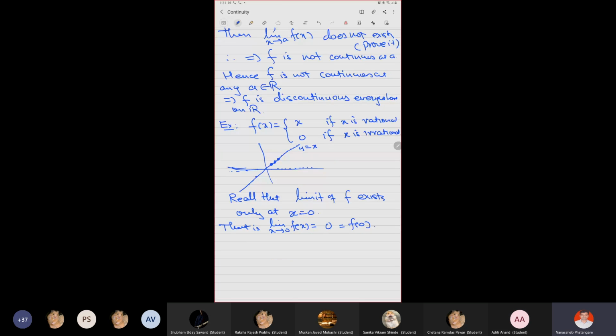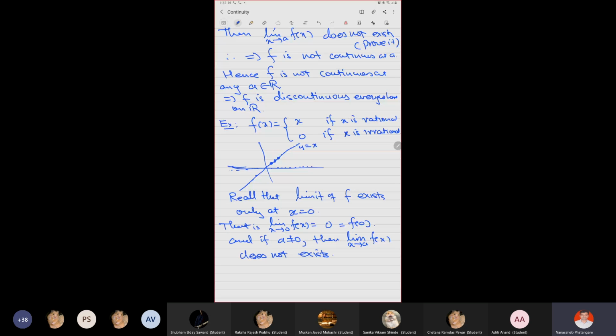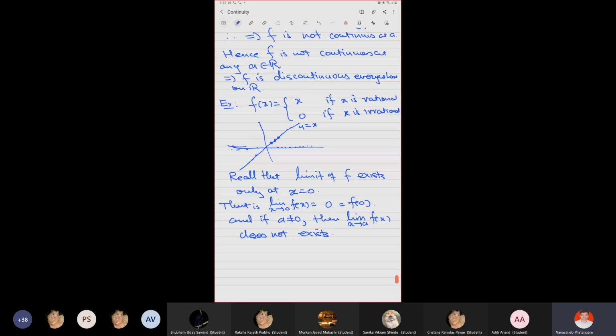So the limit of the function at 0 is 0, which is f of 0. And if a is not equal to 0, then the limit as x tends to a of f of x does not exist.